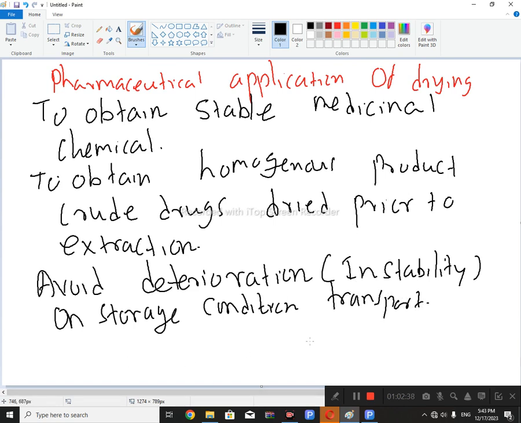Drying is an important stage in some formulating operations, for reducing the bulk and weight.